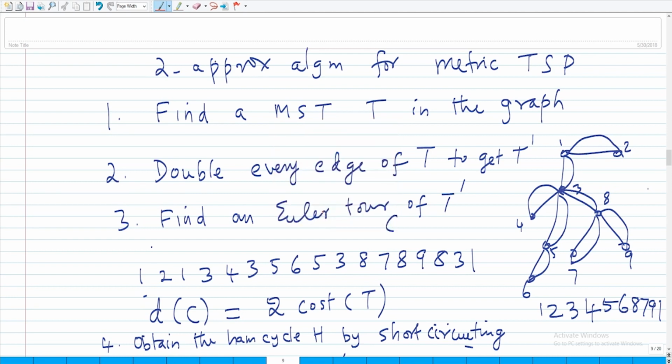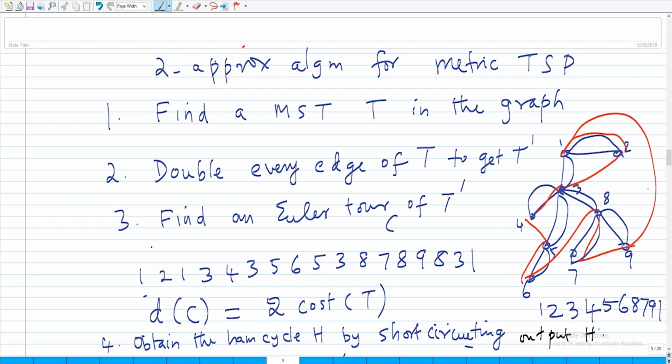I started with 1, I went to 2 and then directly went to 3. Remember, this edge is there in my graph. Graph is a complete graph. And then from 3 I went to 4, then 5, then 6, then 8, 7, 9 and went to 1. And I am going to output this as my Hamiltonian cycle, H.